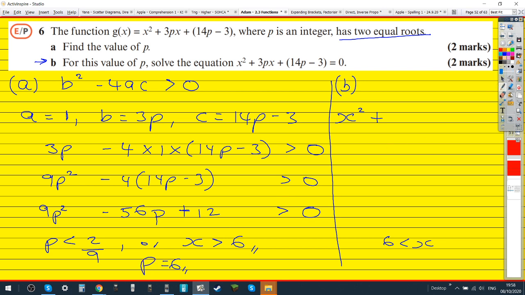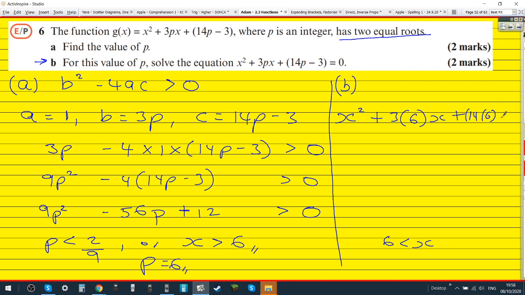So it'd be x squared plus 3 times 6 plus 14 times 6 minus 3 equals 0. So we do 3 times 6 first. Oh, you do brackets first. Yeah, 3 times 6, same thing, which would be 18.